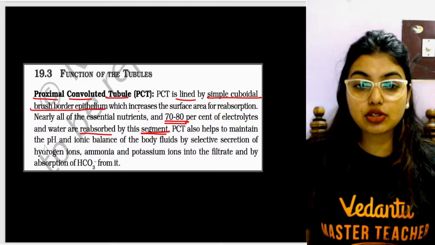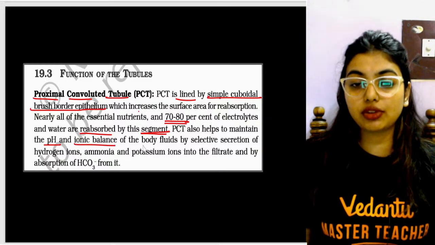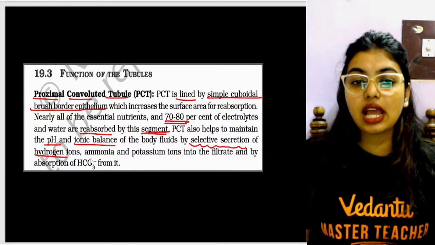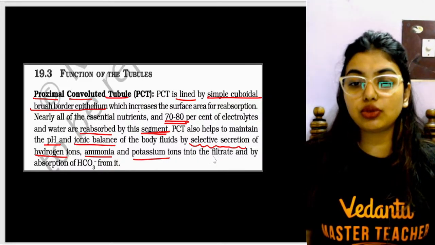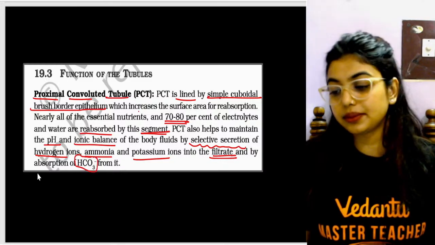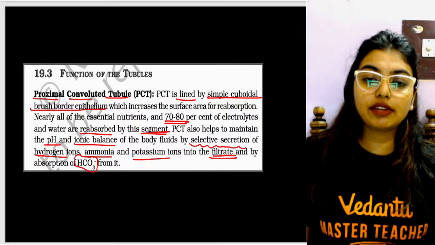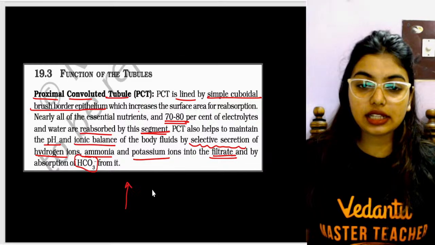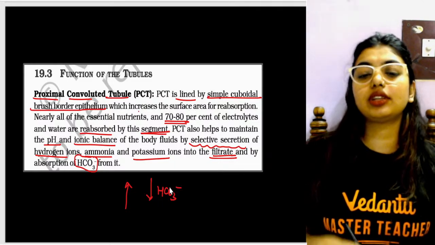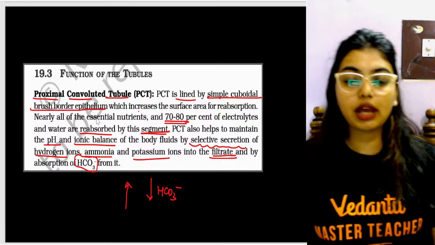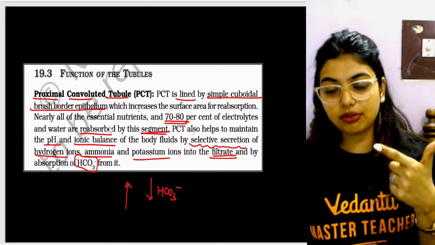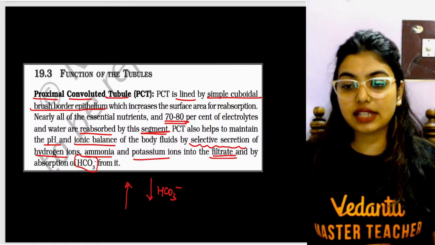PCT also helps to maintain the pH and ionic balance of the body fluids by selective secretion of hydrogen ions, ammonia, potassium ions into the filtrate, and by absorption of HCO3 minus from it. So they give all this to the filtrate, and whenever required they take HCO3 minus.